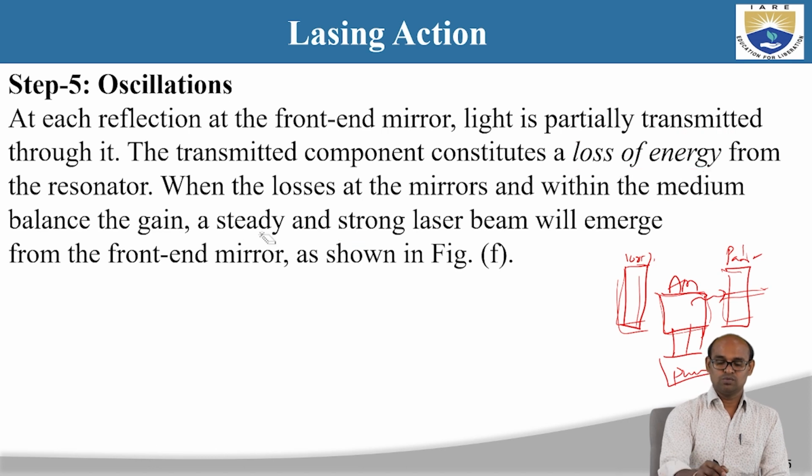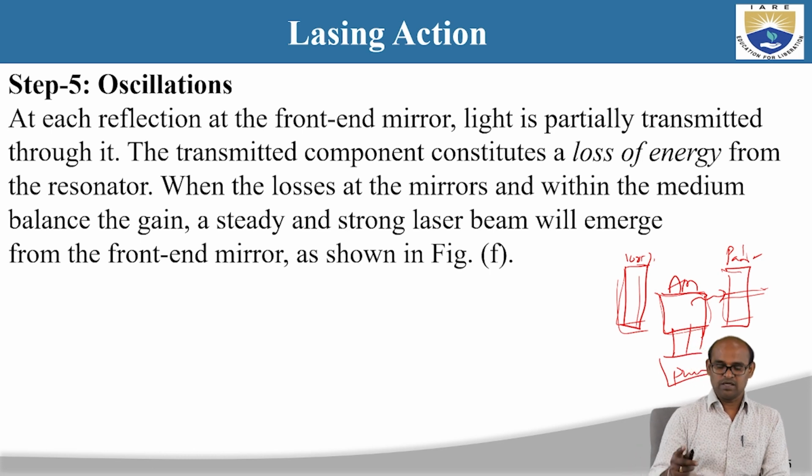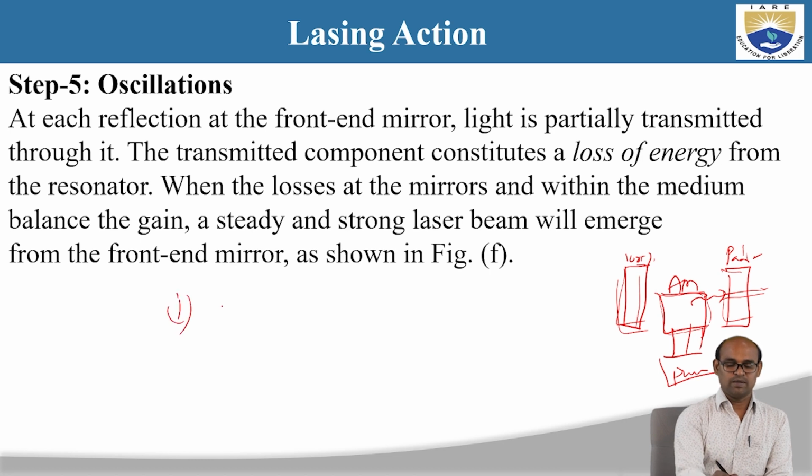So these are the 5 steps that occur in a laser system where we get a laser beam as output. What are the 5 steps? To revise again, the first step is pumping. Pumping is very important because if you do not have pumping, all you are going to have is atoms in the ground state.